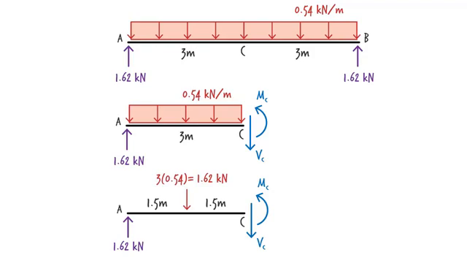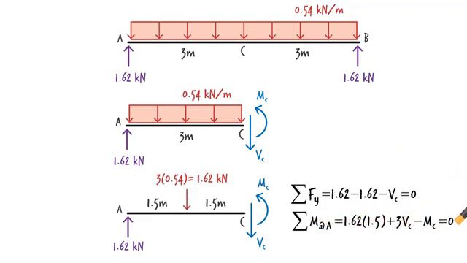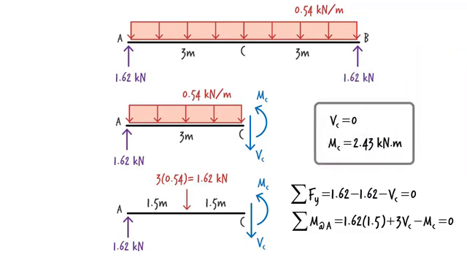The magnitude of the concentrated load equals the area of the rectangle appearing in the free body diagram. The load is to be placed at the center of the area. Now we can write the equilibrium equations like this. Solving these equations, we get 0 for the shear force and positive 2.43 kilonewton meters for the bending moment.